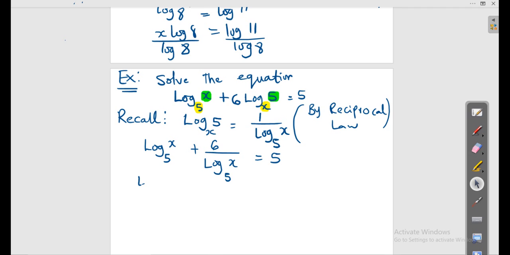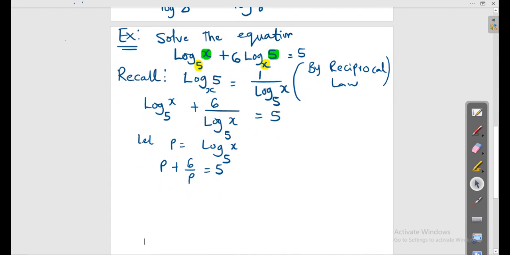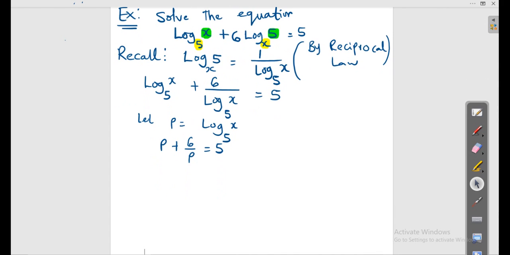So if I let p be log x base 5, that means I will have p plus 6 over p equals 5. So that will give us 6 over p equals 5 minus p.